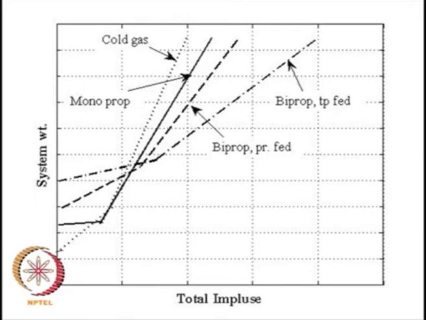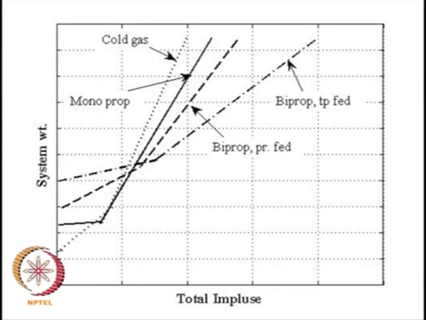If you have impulse requirement of the order of 10 power minus 1, there is no point in using a bipropellant system. Bipropellant system will in fact have a very heavy weight, because you need to have pumps, you need to have all kinds of devices. So it is better to have cold gas if you are using it for a very small impulse.